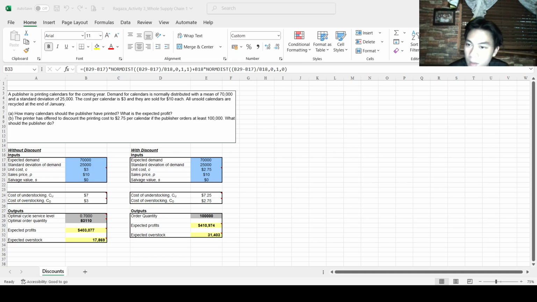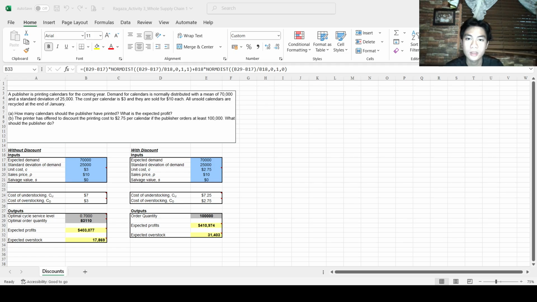So, to answer the question from letter A, the publisher can print 83,110 calendars from the optimal order quantity, while the expected profit of the same question results in $403,077. And lastly, 17,869 for the expected overstock.